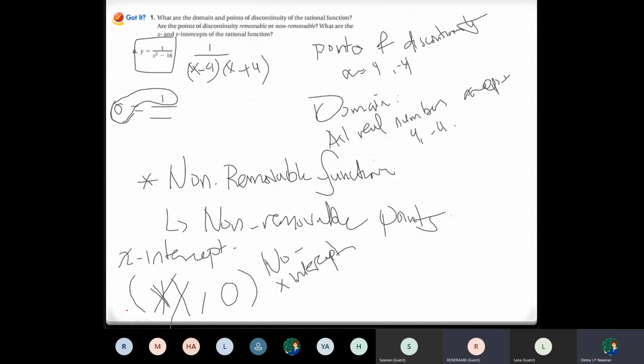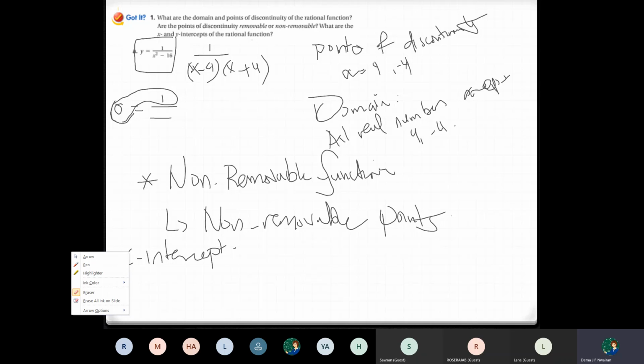Okay. Because the next lesson I started, I want now to find the x-intercept. So the x-intercept means y is 0. So I will go back to the function: if y is 0, it has to be 1 over x squared minus 16.